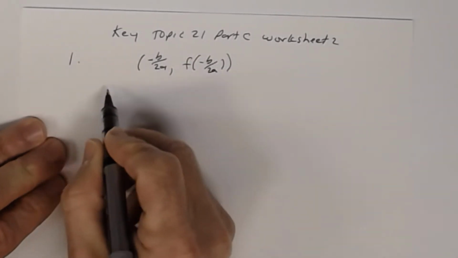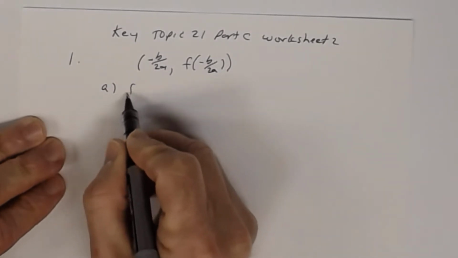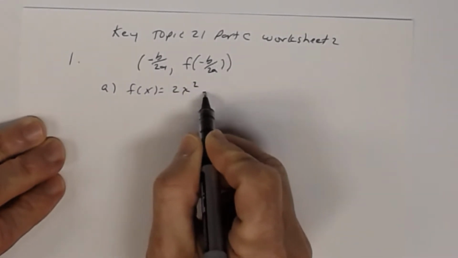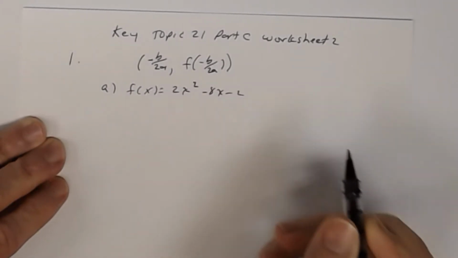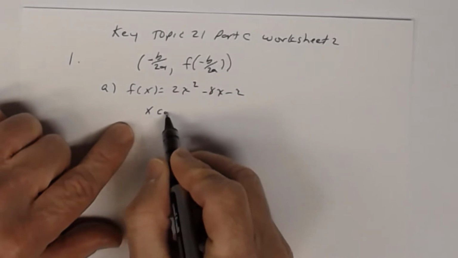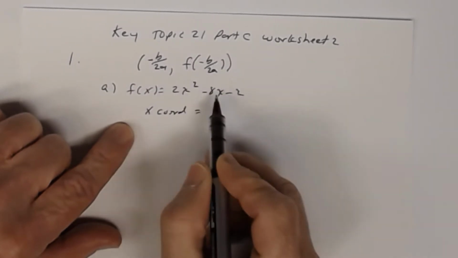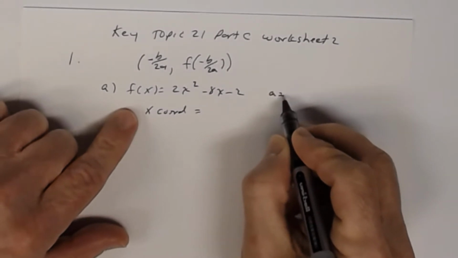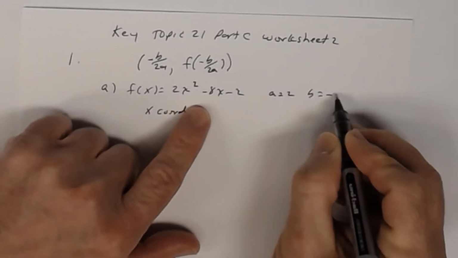So the y coordinate will be f of negative b divided by 2a. All right, so if you look at letter A, you have f of x is equal to 2x squared minus 8x minus 2. And you want to find the vertex. The x coordinate will equal negative b divided by 2a. In this case, a is 2 and b is negative 8.